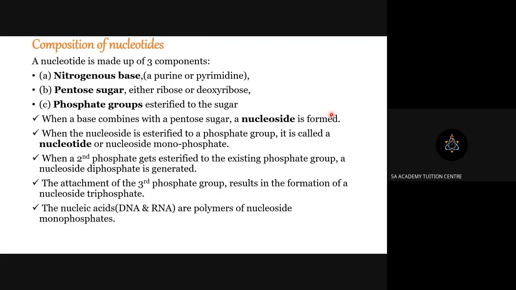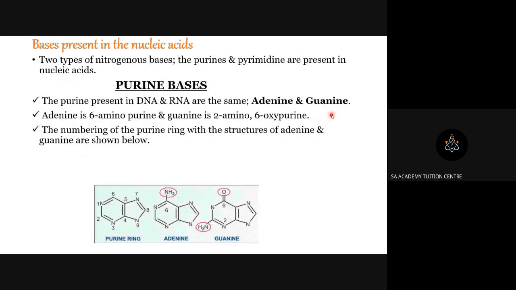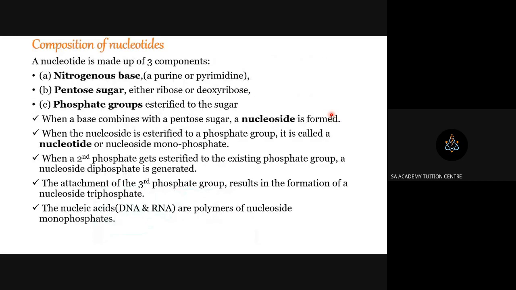Then the nucleotides combine together to form either RNA or DNA, which are nucleic acids. So RNA and DNA are actually polymers of nucleotides, not nucleosides. You should take note, it's nucleoside monophosphate, not diphosphate, not triphosphate.